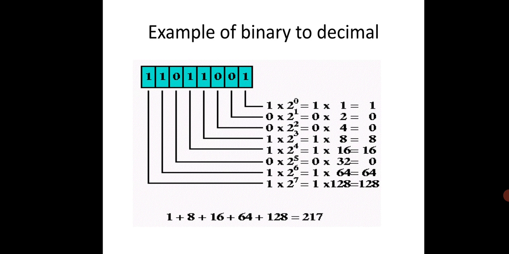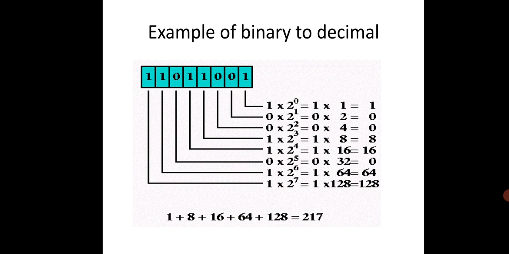This is the first example of the binary to decimal conversion. So you have to convert the binary number into the decimal number. You can see on the left hand side the binary number is 110110001.